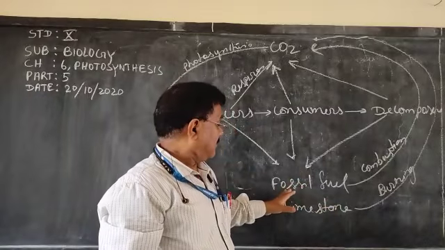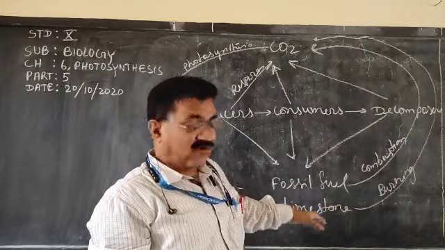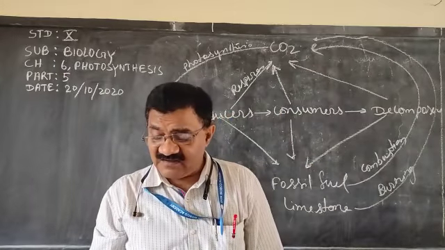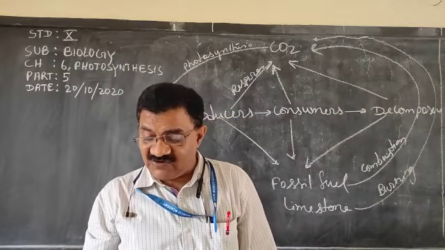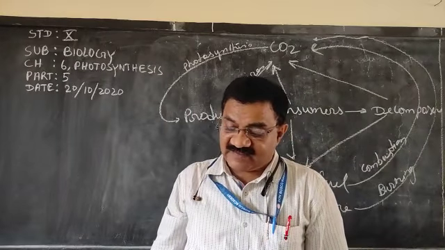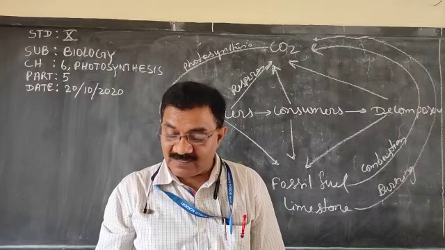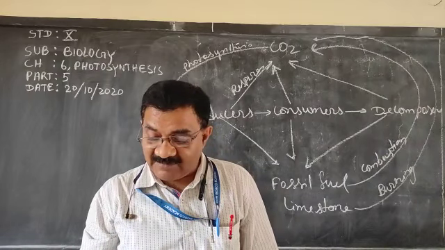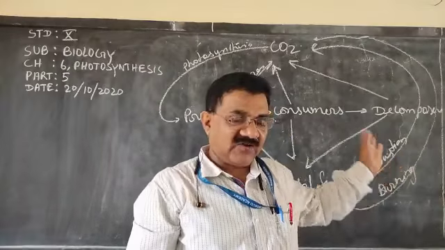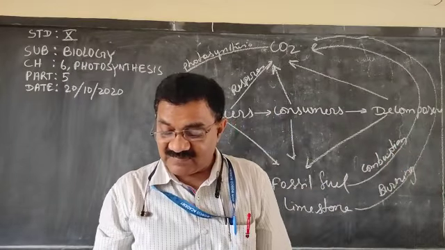Or by burning of fossil fuel, combustion: when a fuel like wood or fossil fuel is burned, the carbon content is oxidized to carbon dioxide, which is given back to the atmosphere.